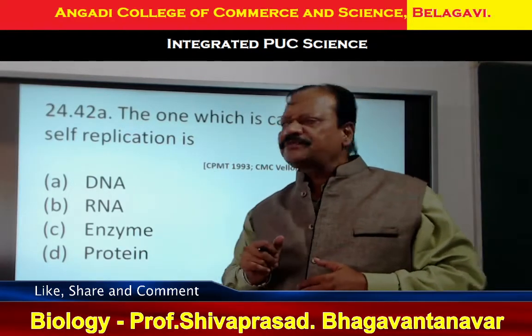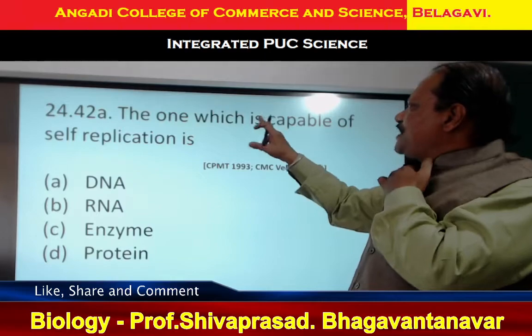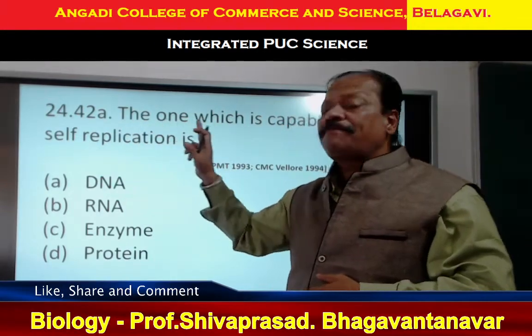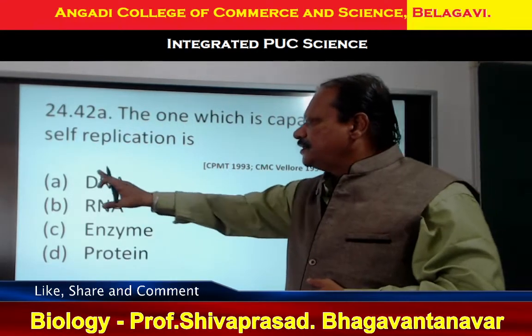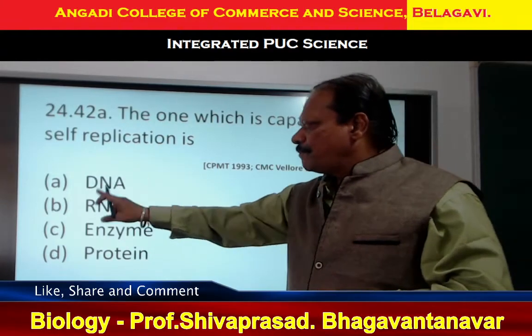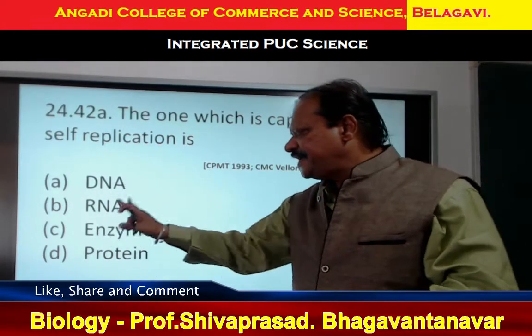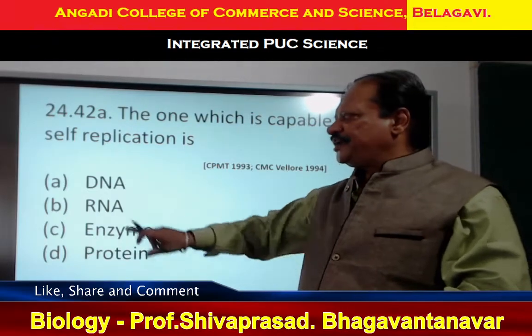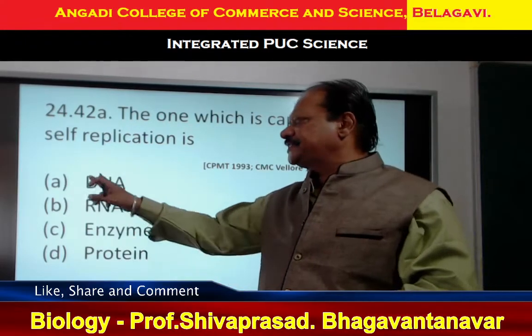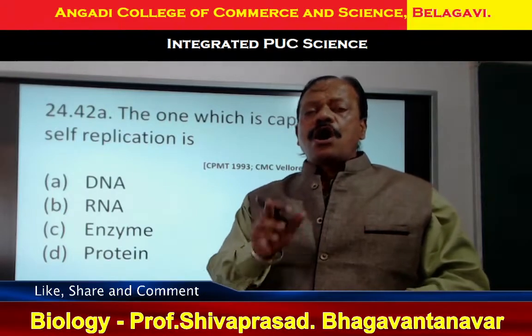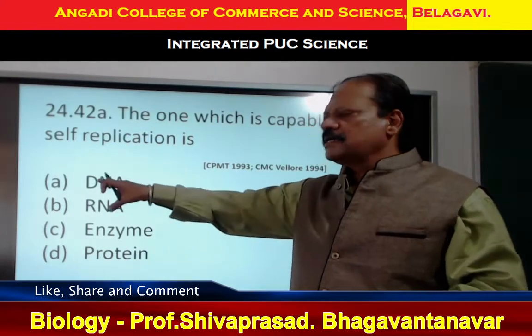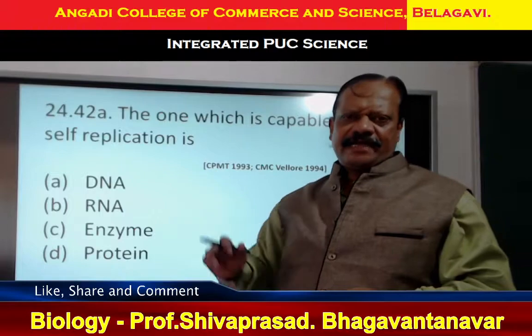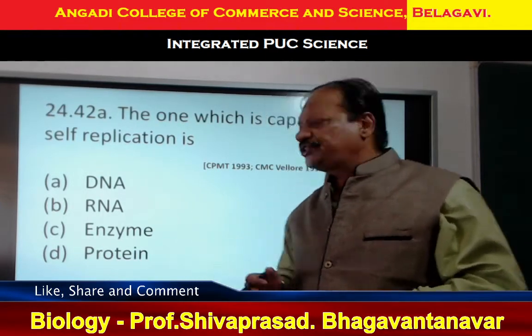So we'll see the options here. A, DNA. B, RNA. C, enzyme. D, protein. Self-replication is only found in the case of DNA. So option A is the right answer, that is DNA. We'll move to the next question.